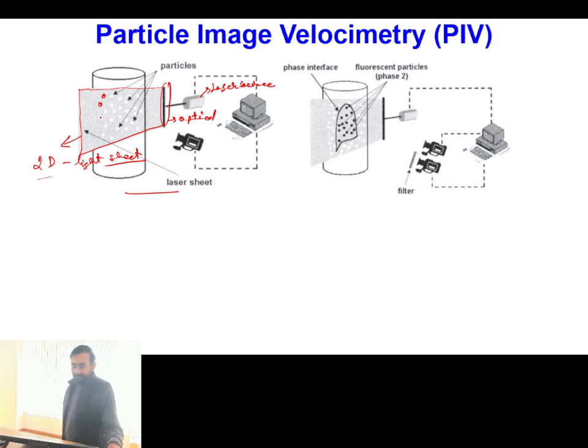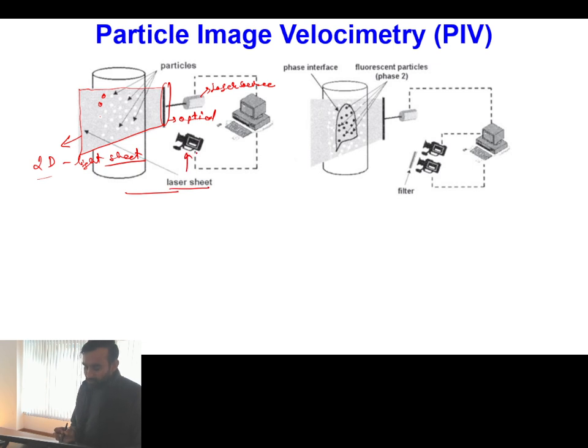Okay, and then we have one high speed camera which is placed in the direction normal to this plane of sheet. Okay, so in this scenario, the camera will be capturing the two-dimensional images of all these particles. Is this point clear?